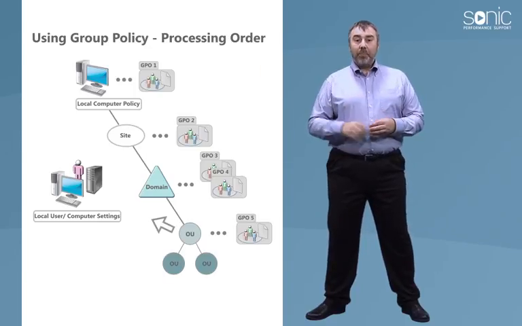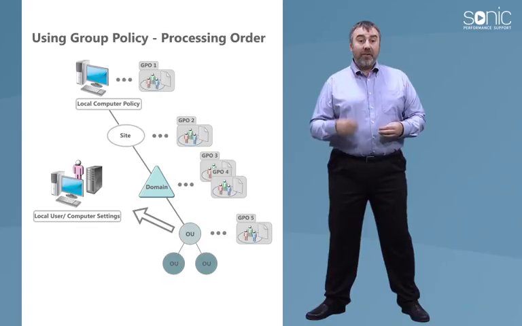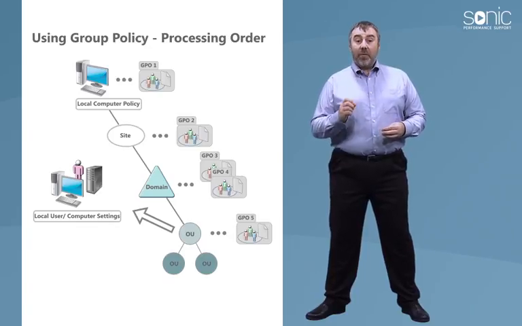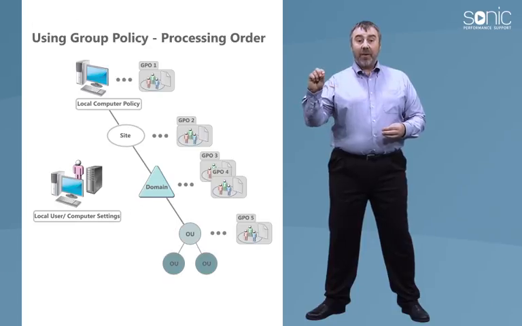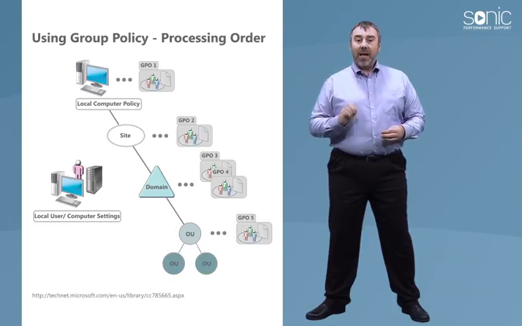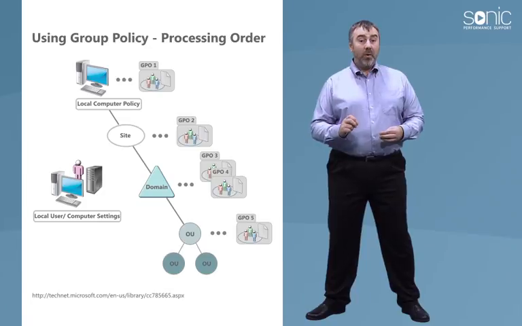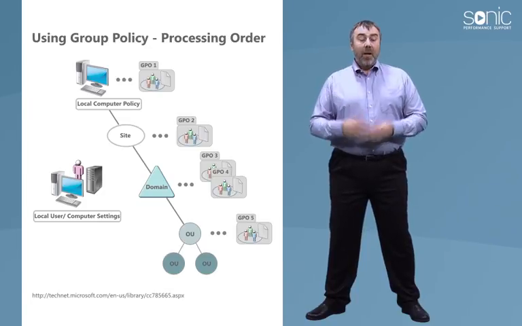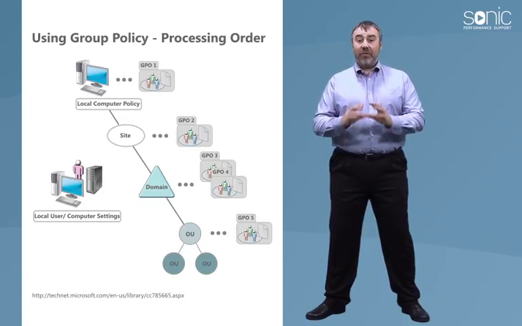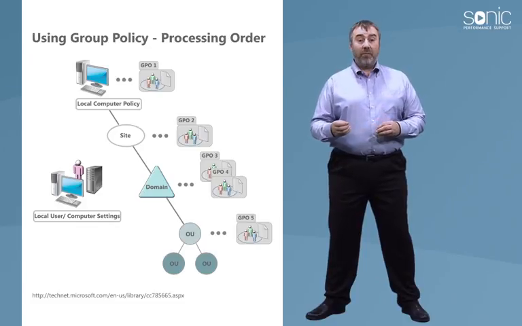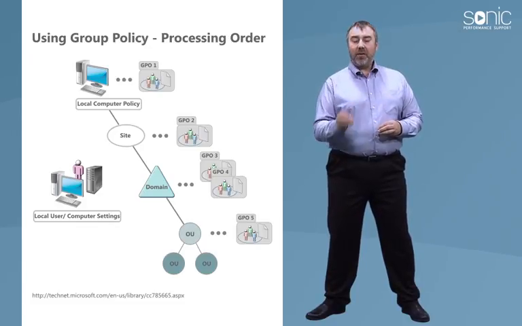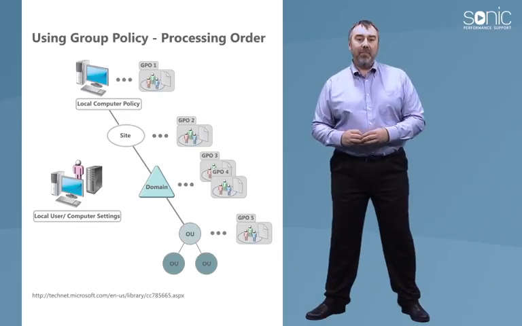Coming next, we have organizational units. Same rules apply. Any group policies that are applied to the organizational units where there is a conflict between the OU, the domain, the site, or the local computer, it's the policy of the OU that wins. If we have child OUs, precisely the same rules apply. If there's a conflict, it's the child object that wins out every time.